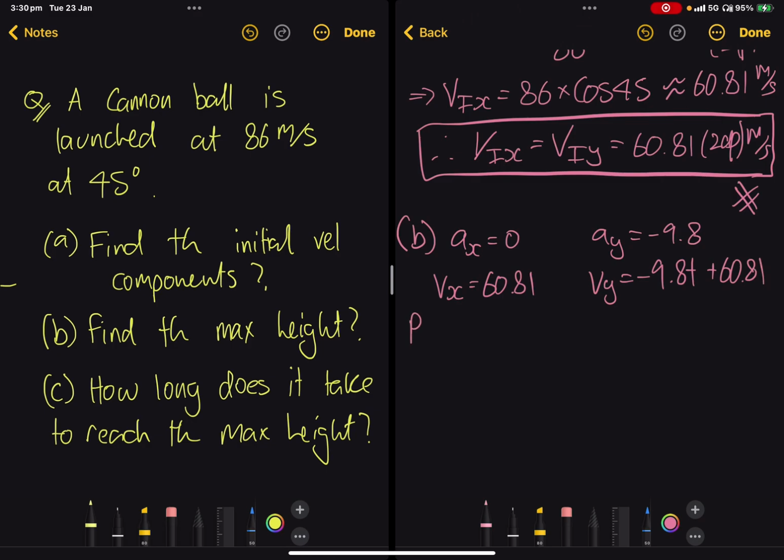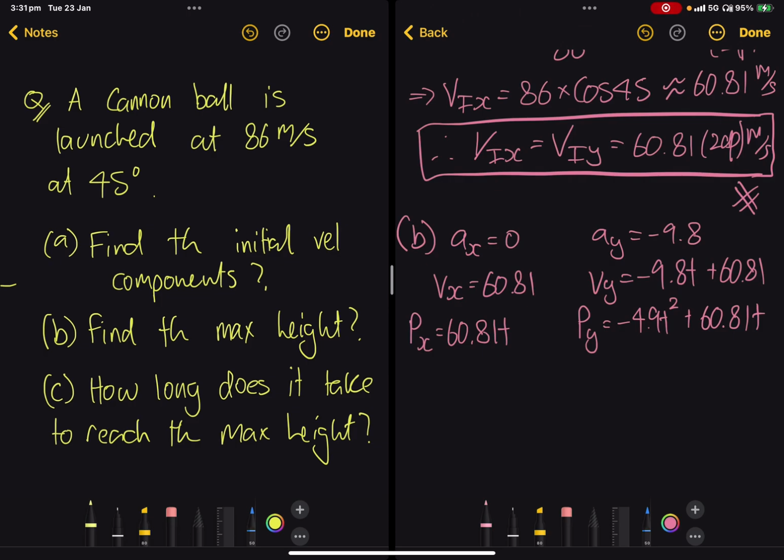And then our position in x is the initial velocity in x, 60.81 times time, plus x naught, where the object starts. We're assuming the object starts at the origin, so we can ignore the x naught. And then the position in y is minus 4.9 times time squared, plus its initial velocity in y multiplied by time, plus its initial position in y, which we're assuming is 0 because it starts from the origin. So we have all of these equations here.